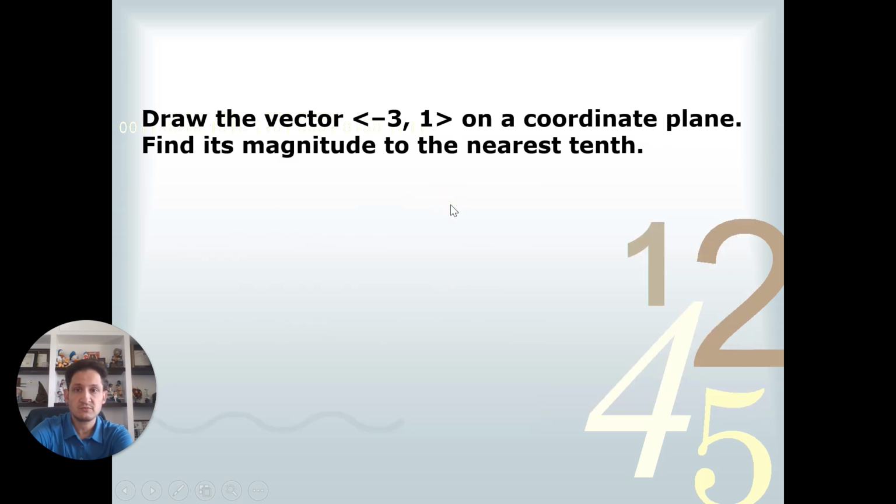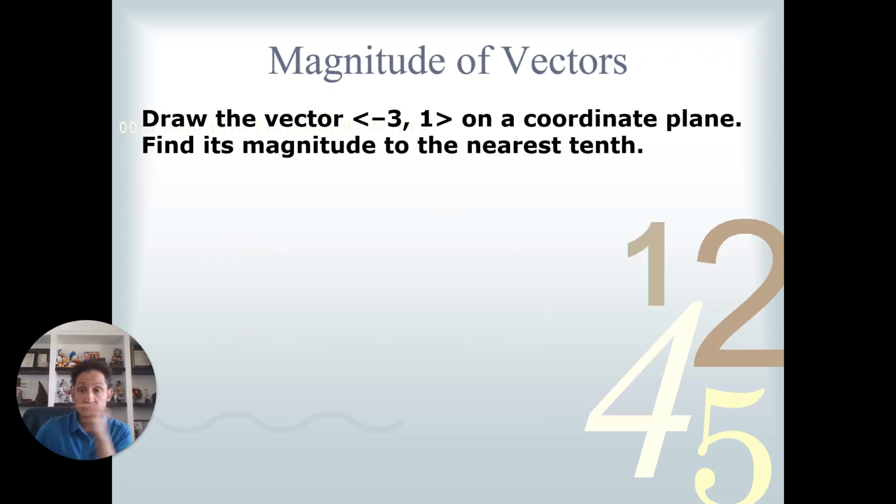Oops. Here we go. So here. Okay. -3, 1. You have a diagonal distance. So you might draw it. It goes that way. Negative 3 squared plus 1 squared equals your magnitude squared. 9 plus 1.